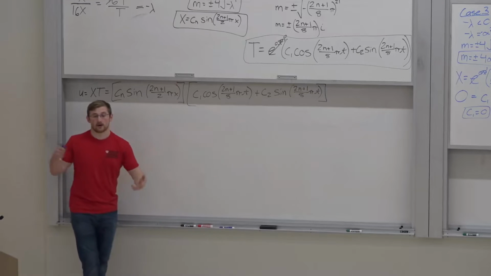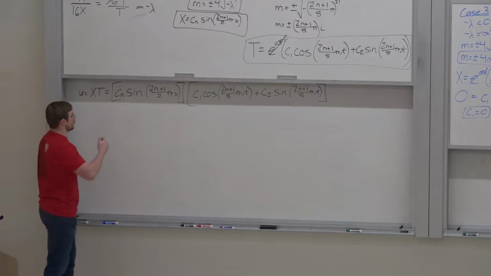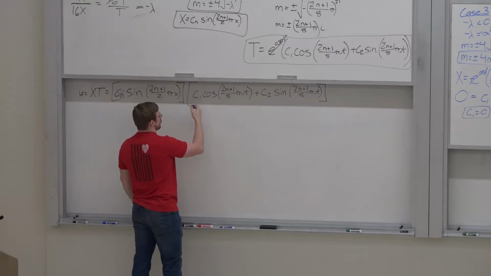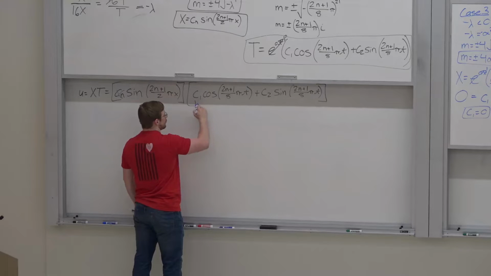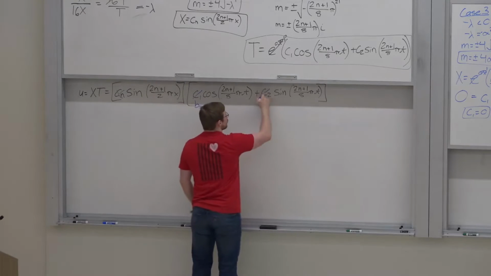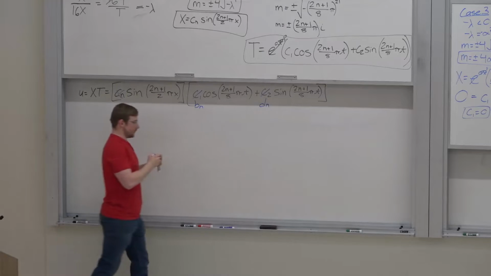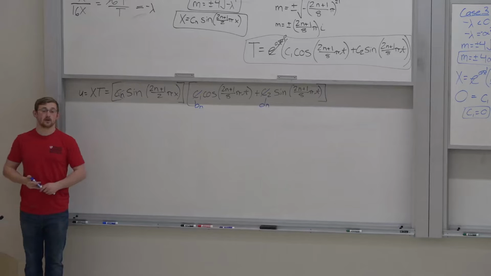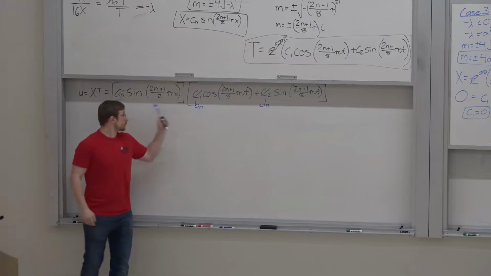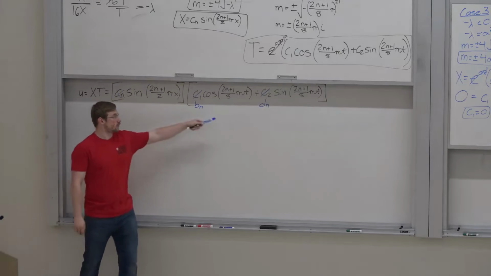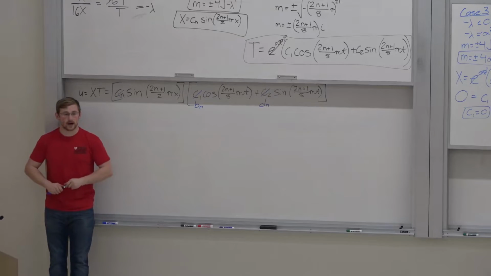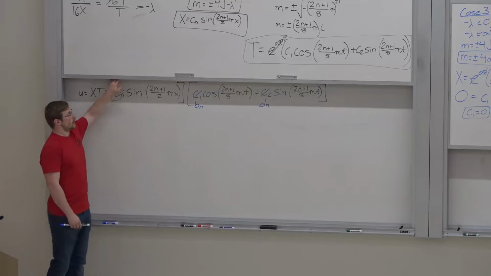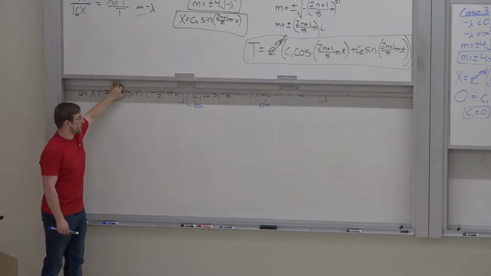So instead of writing three different constants, I'm just going to get rid of this Cn, and I'm going to say that C1 is turning into, we'll call it Bn, and we'll call this Dn, our C2. So I know that there's still going to be some constants, but they're going to be different for every value of n. So let me just multiply this Cn through, so that way we're only dealing with two sets of constants.